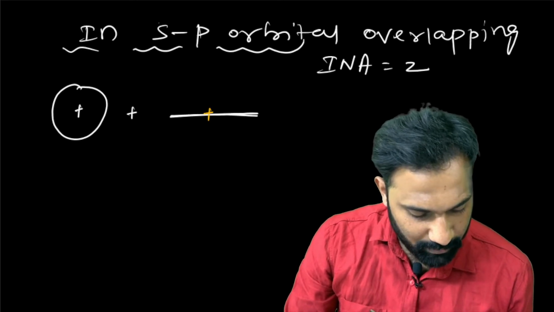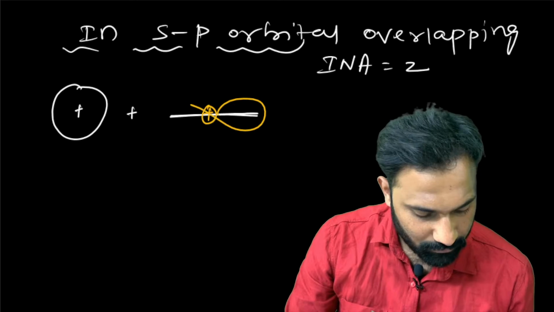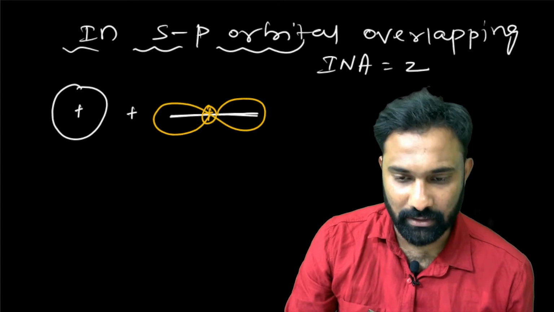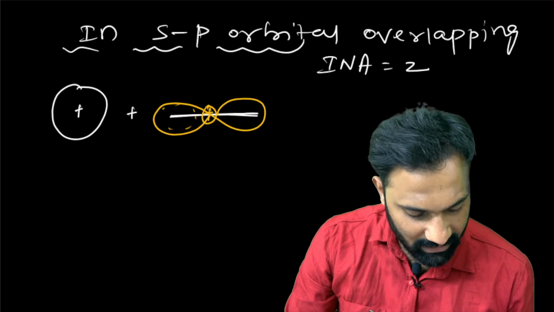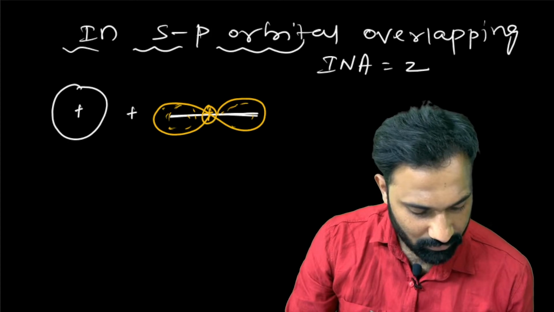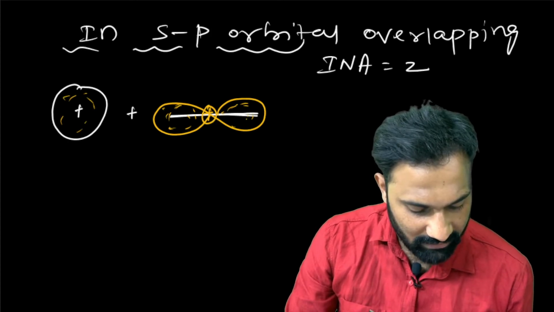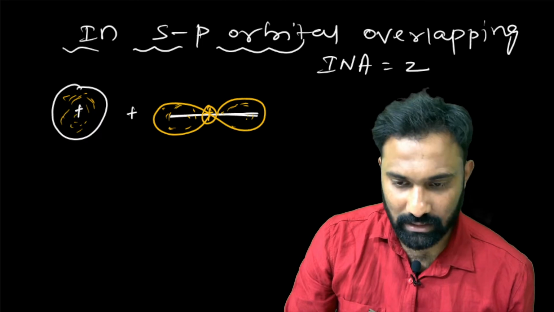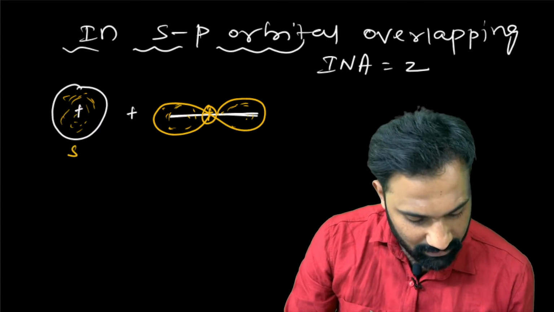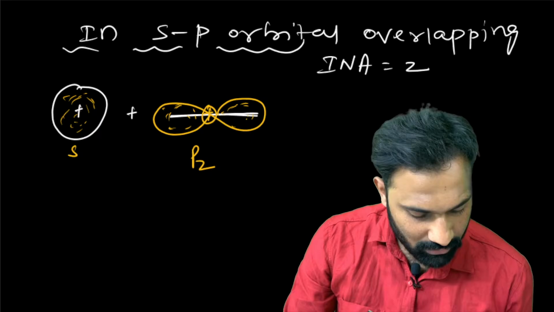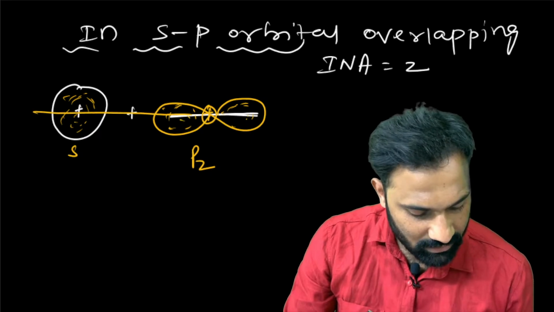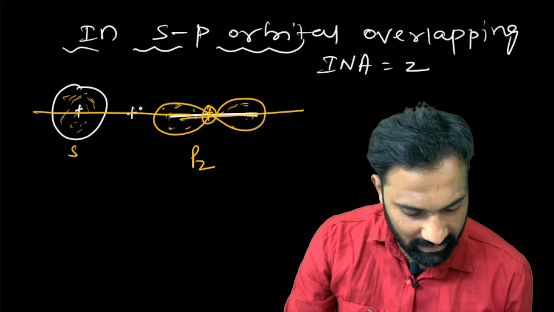This is a PZ orbital, and we have electrons here. The S orbital also has electrons here. The S orbital and the PZ orbital overlap along the internuclear axis.